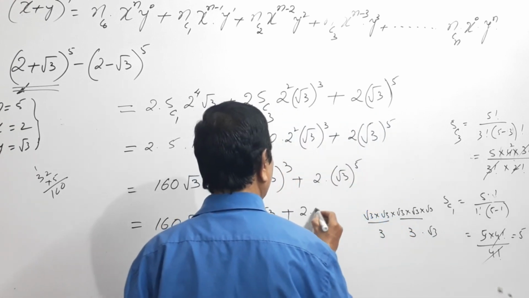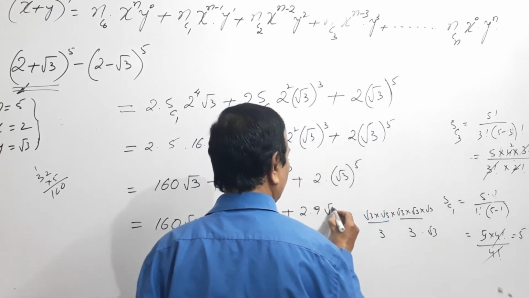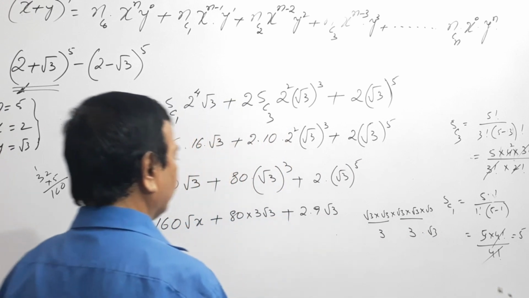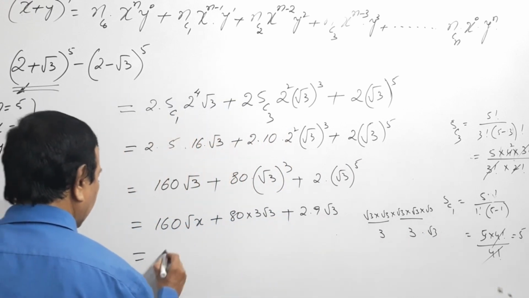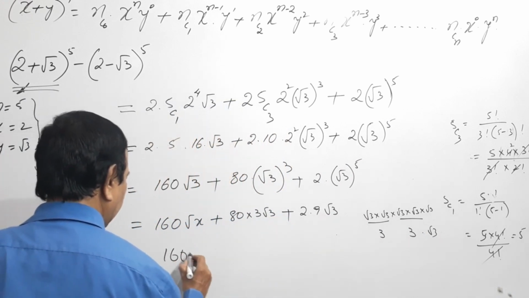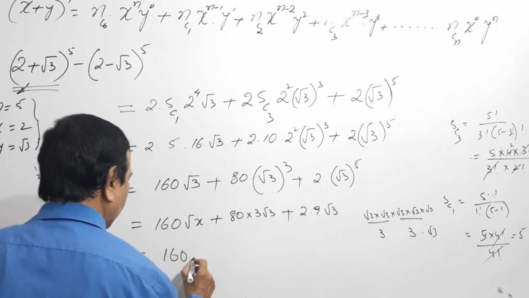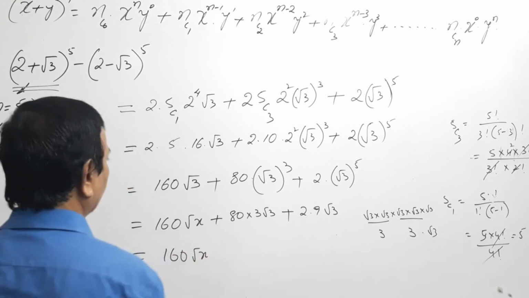So this is 2 into 9 root 3. Okay. So this becomes what? 160 root 3.